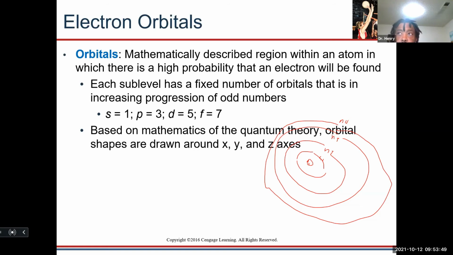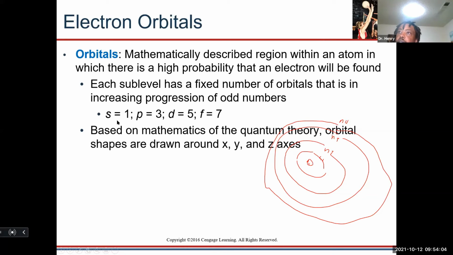We've talked about the orbitals, how many there are. We said that the S has 1, the P has 3, the D has 5, the F has 7, and each orbital is able to hold 2 electrons. So that means the S holds 2 electrons.